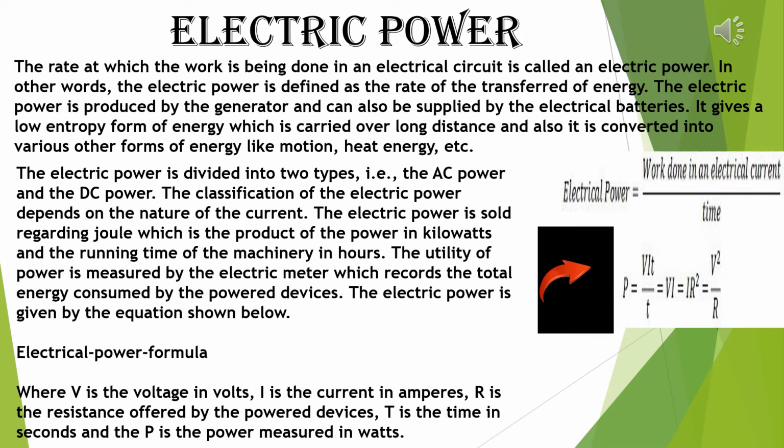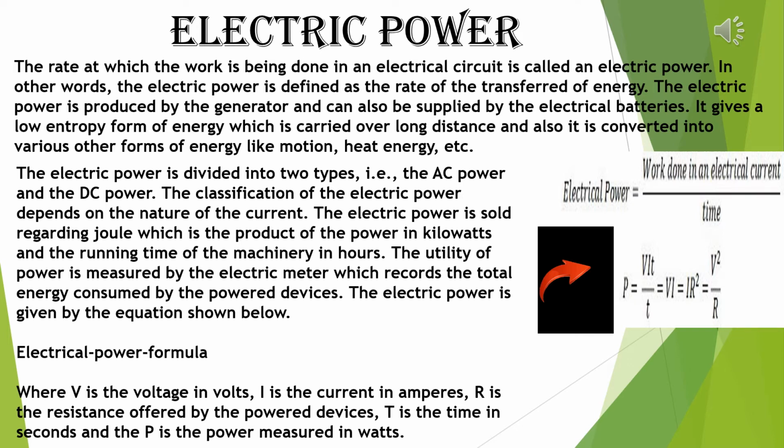Electric power is divided into two types, that is AC power and DC power. Classification of electric power depends on the nature of the current. Electric power is sold in terms of energy, which is the product of power in kilowatts and the running time of the machinery in hours.